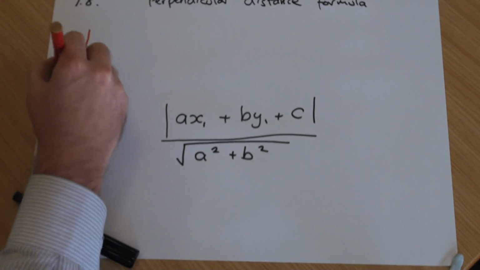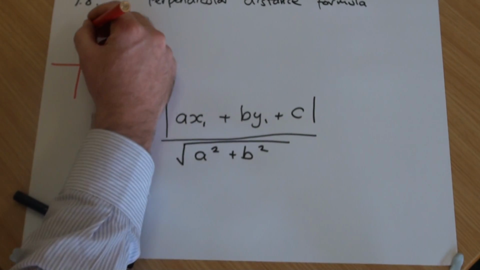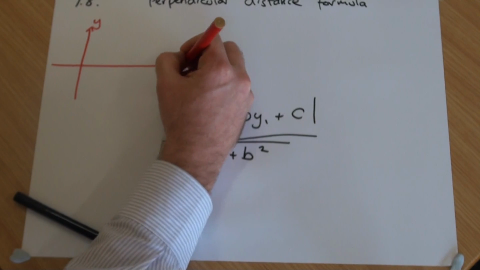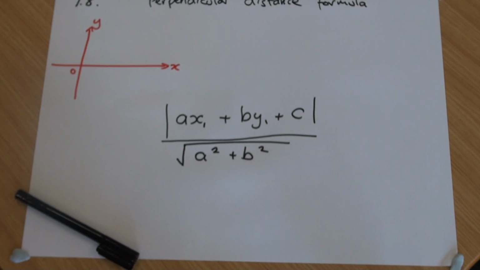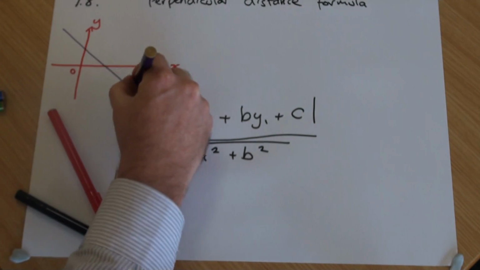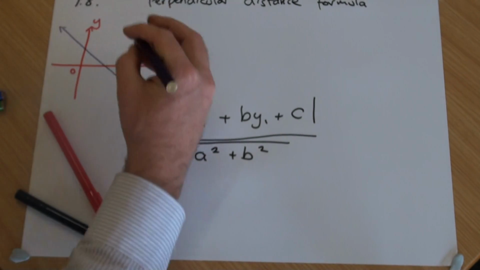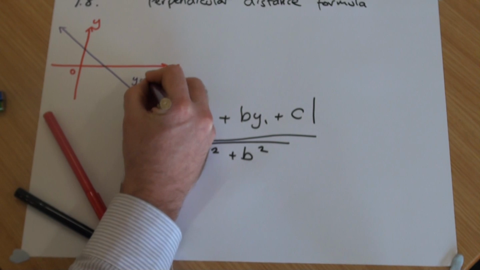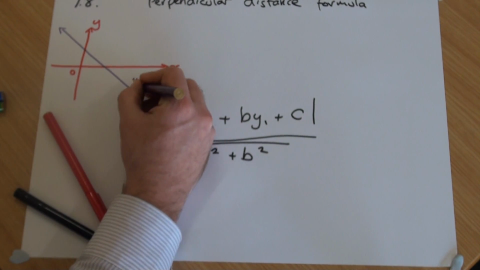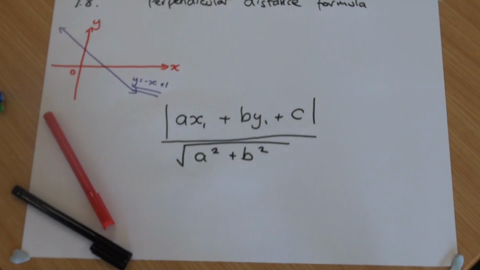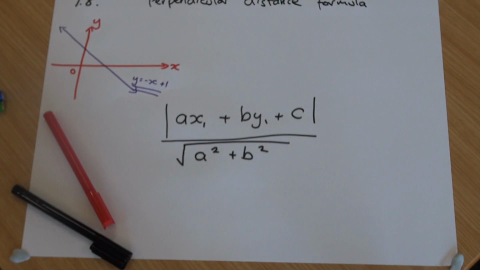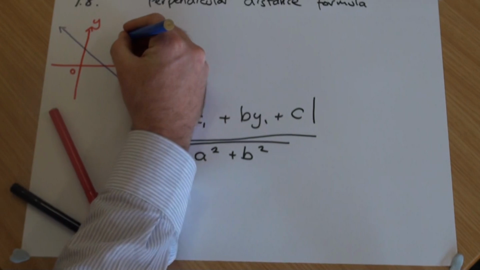So what this equation is actually talking about, here's our Cartesian plane, y, x, and our origin. If we have a line, say this line here, maybe this line is y equals minus x plus 1, and maybe we have another point over here in the distance.